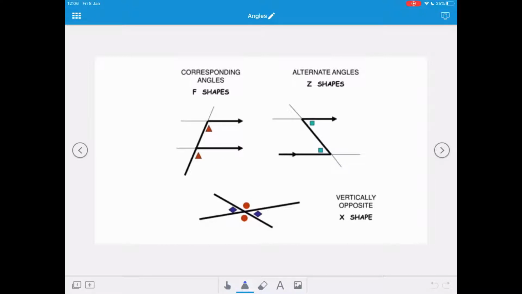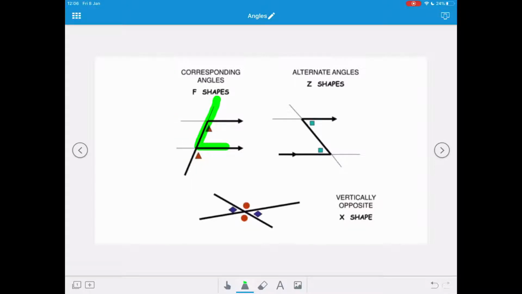Now our corresponding angle, you can see that we've got two triangles showing the equal angles in our F. So the triangles marked are corresponding angles. Now we can put the F onto our transversal line backwards.